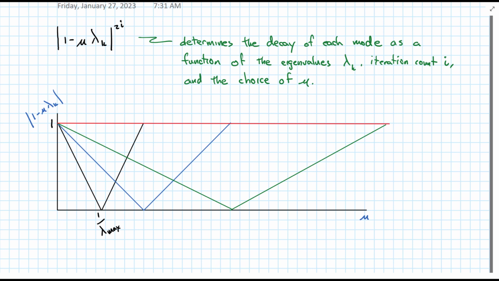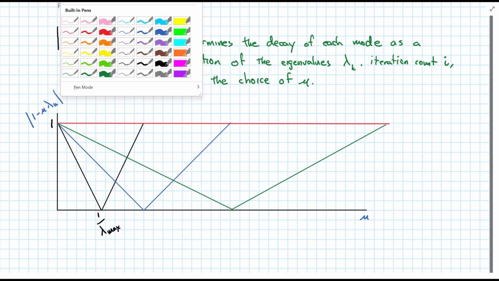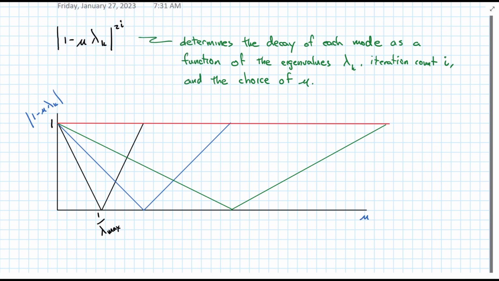That's telling us that the first mode, I guess, converges rather quickly. However, at that time, the slowest mode, the one associated with lambda min, is going to be converging rather slowly, as noted right up here.